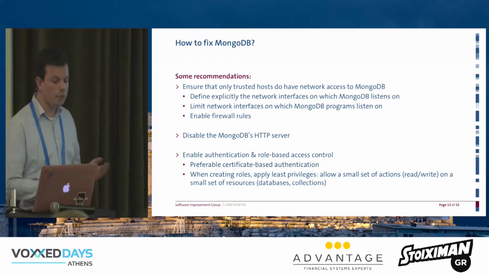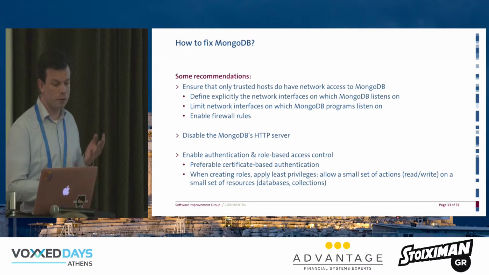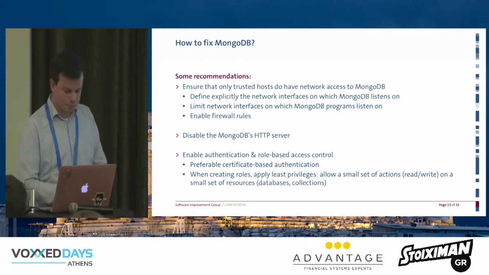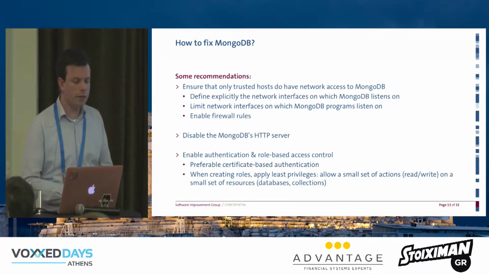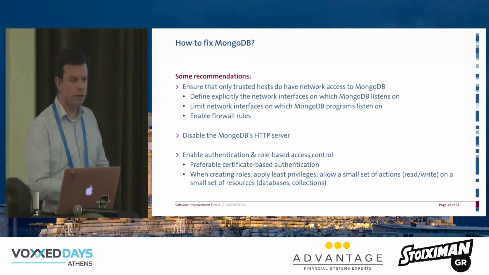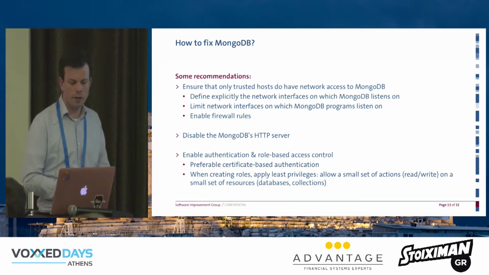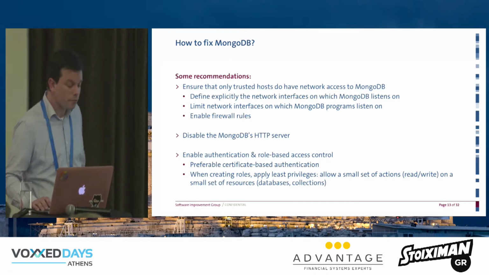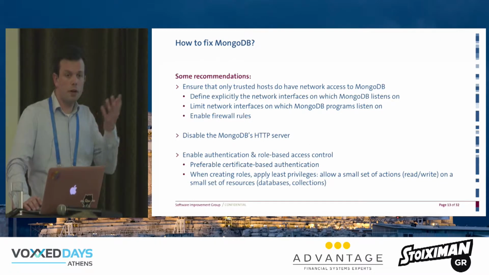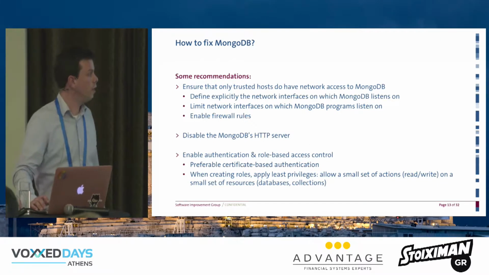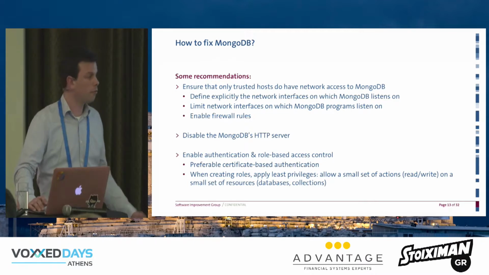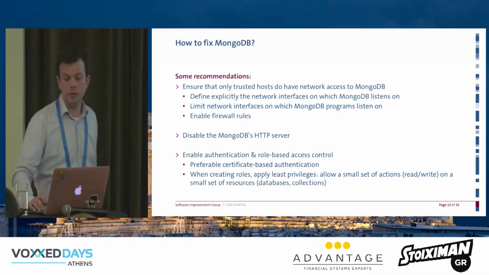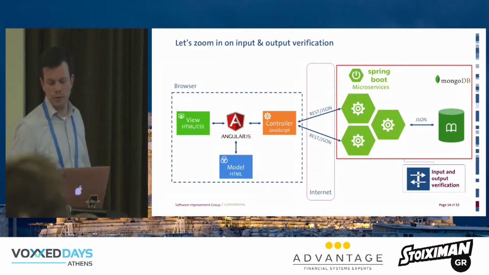Disable MongoDB's HTTP server by setting the nohttpinterface option to true. And enable authentication and role-based access control, ideally using certificates. Actually, these are all very simple things, but a lot of people in this world unfortunately fail to do so, because more than 50,000 MongoDB instances are exposed online.